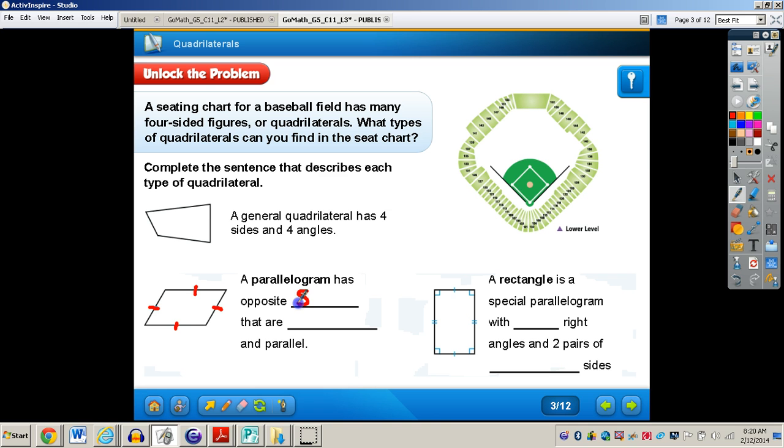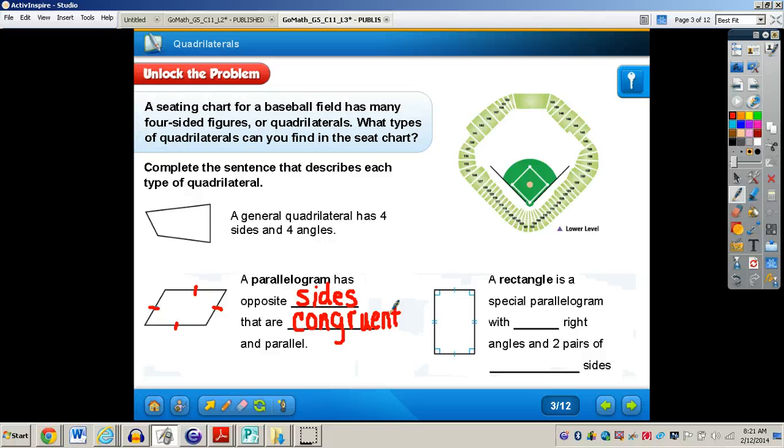So we'll write sides here, and we can see they are congruent. Now remember, congruent means same exact size. So a parallelogram has opposite sides that are congruent along with being parallel.